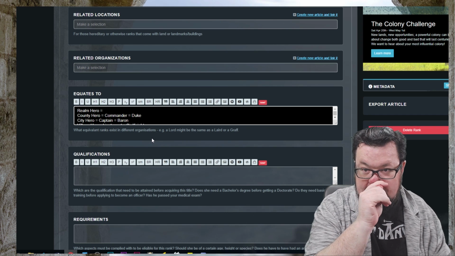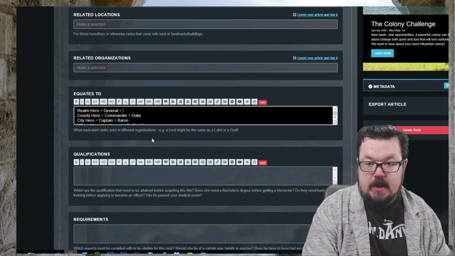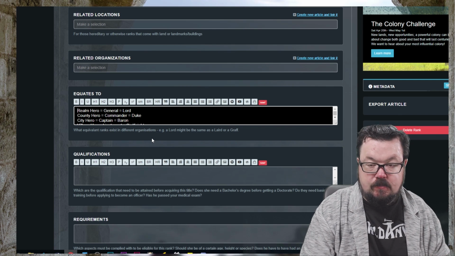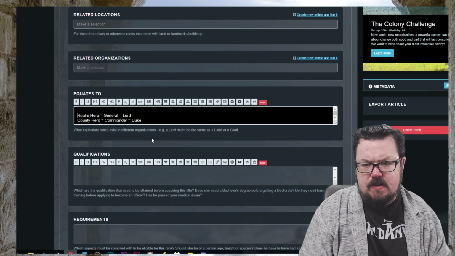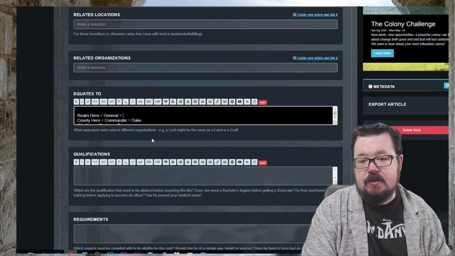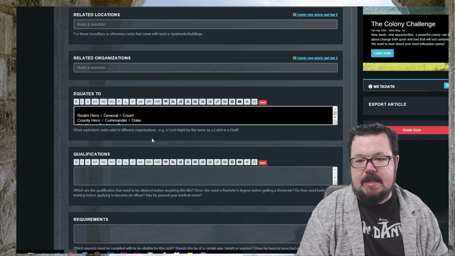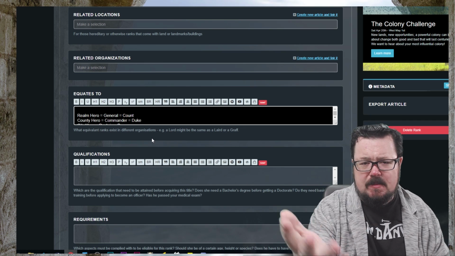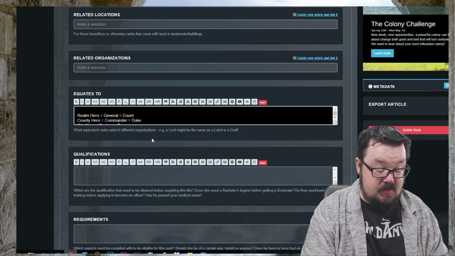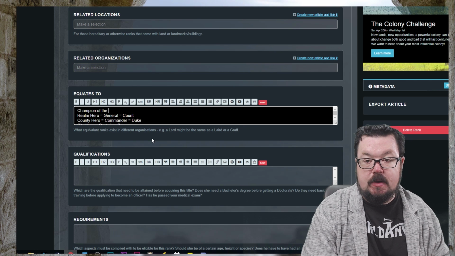Above commander, we would have general, perhaps, which is equal to a lord. Well, technically all dukes and things are lords. So what's above a duke? A count, I suppose. Dukedom, county, doesn't really matter. We'll come again and clean it up, and we'll do some research as well. And then we're going to have the champion of the realm.